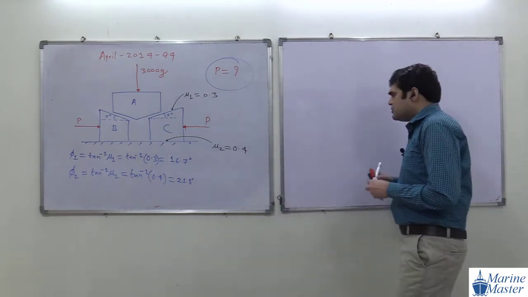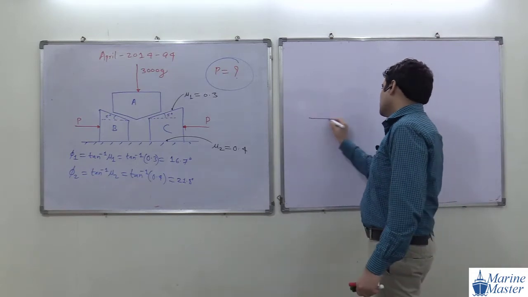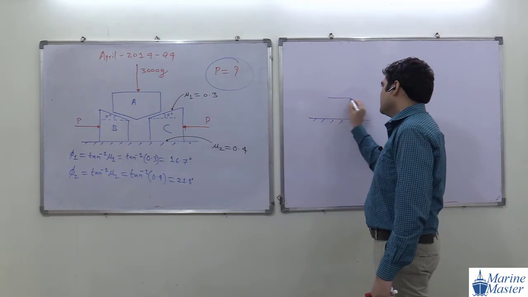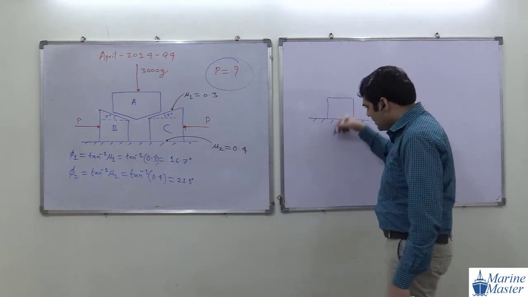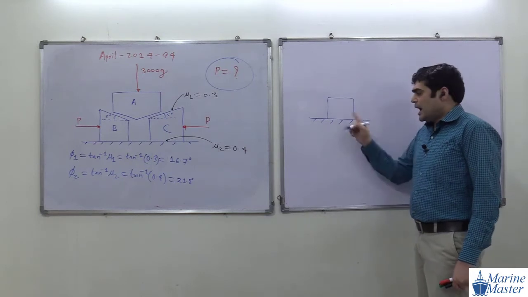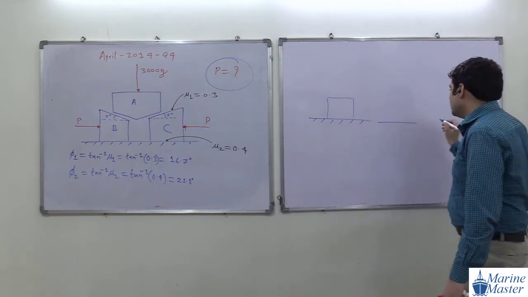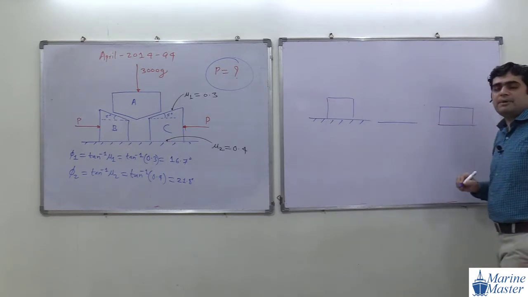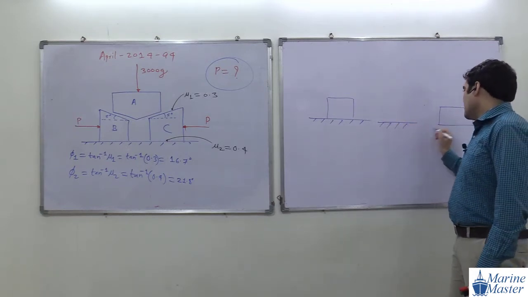Try to see the scenario here. Suppose there is one object, and suppose this is the ground. I am imaginarily separating these two. This is a ground, and this is an object.